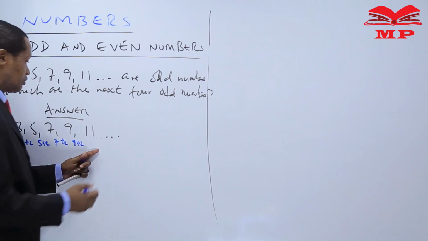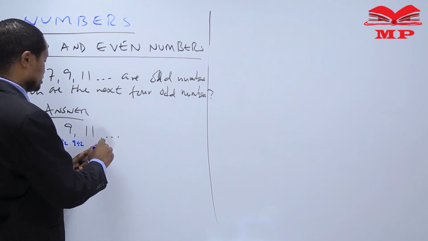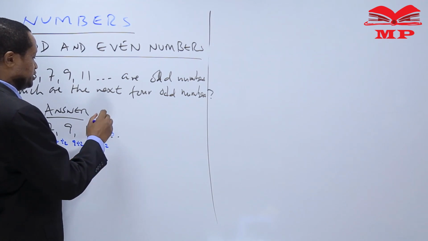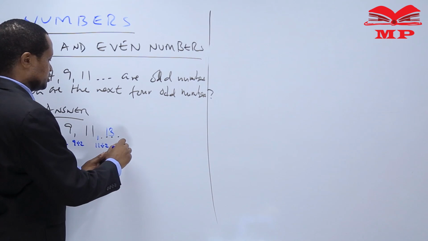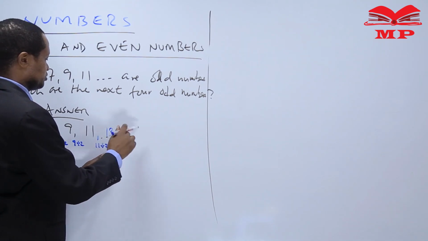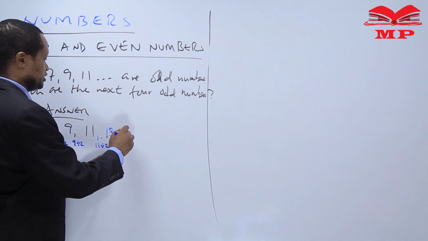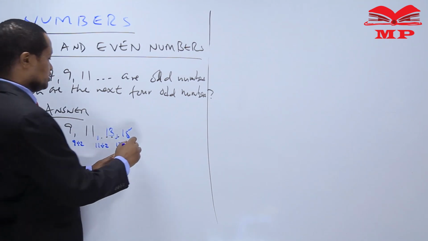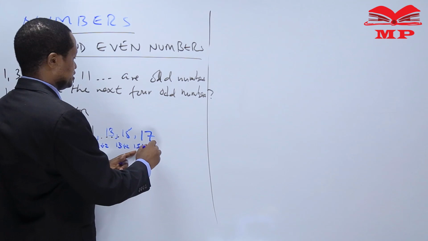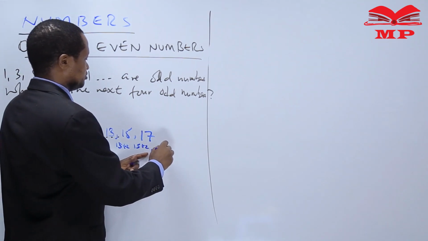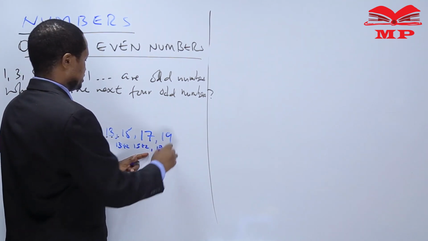Then the next number will be 11 plus 2, which is 13. The next one will be 13 plus 2, which is equal to 15. The next one will be 15 plus 2, which is equal to 17. The next one will be 17 plus 2, which is equal to 19.